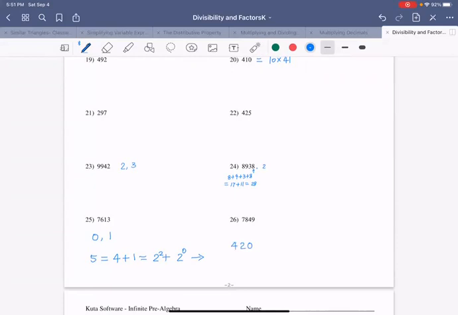So in the binary format, this 5 can be represented by 101, okay? You will learn this kind of thing when you start to learn computer science.